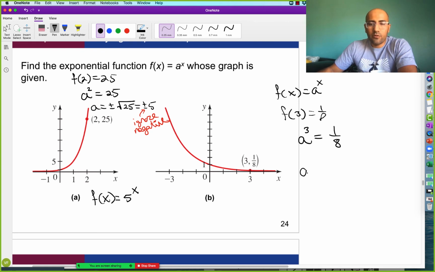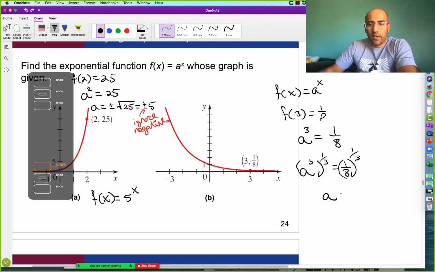We can raise both sides to the power of 1/3, which means that a must be equal to 1/2.